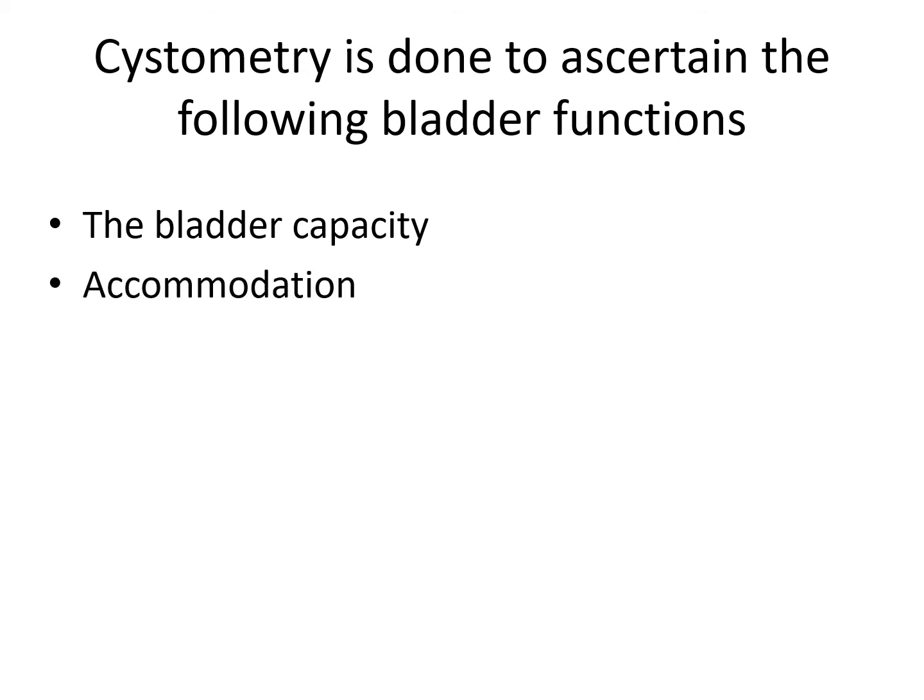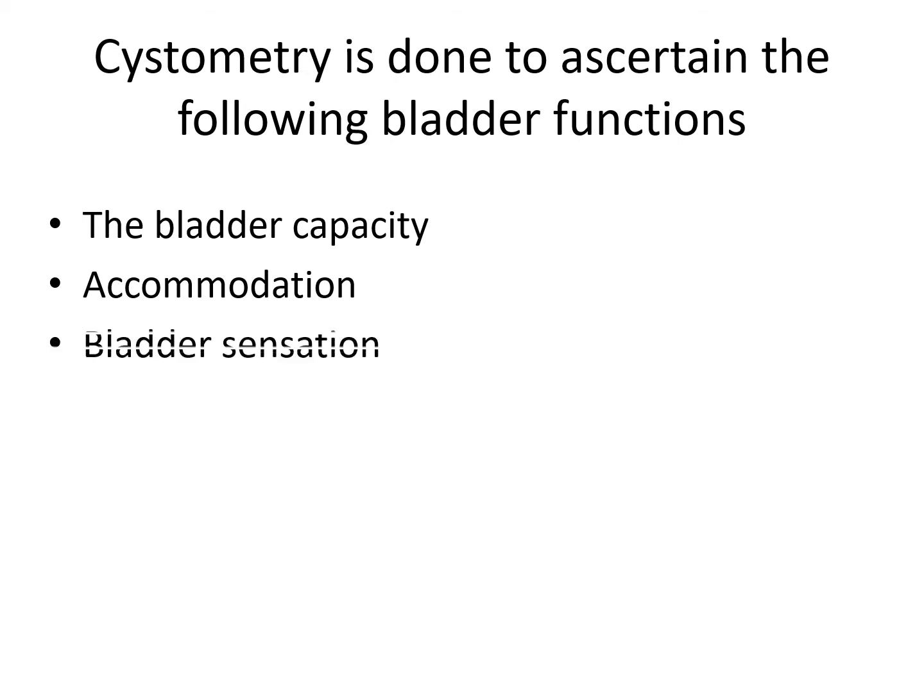Next is accommodation. Now accommodation is the ability of the bladder to accommodate a large volume of urine without a significant rise in the pressure. Normally the bladder pressure remains almost constant during the filling phase or 1B phase of the cystometry.